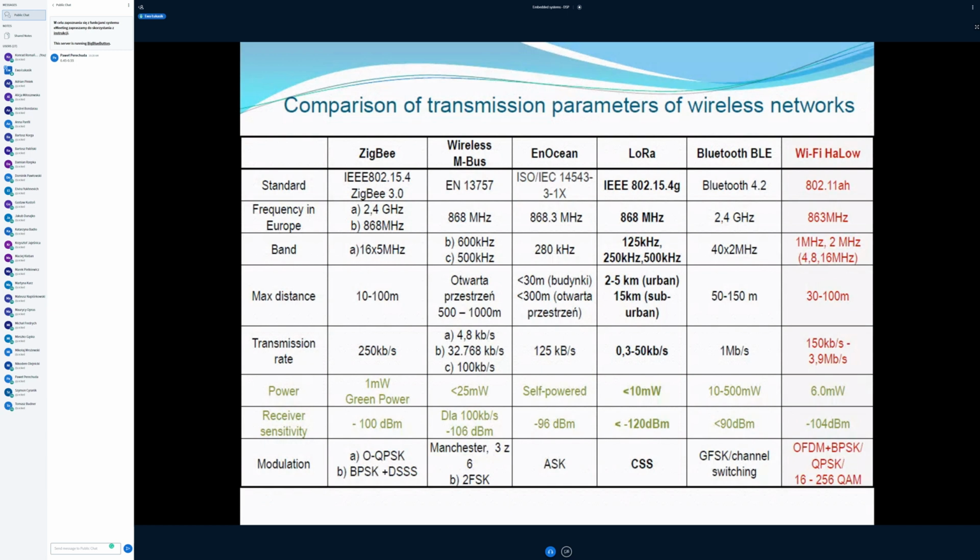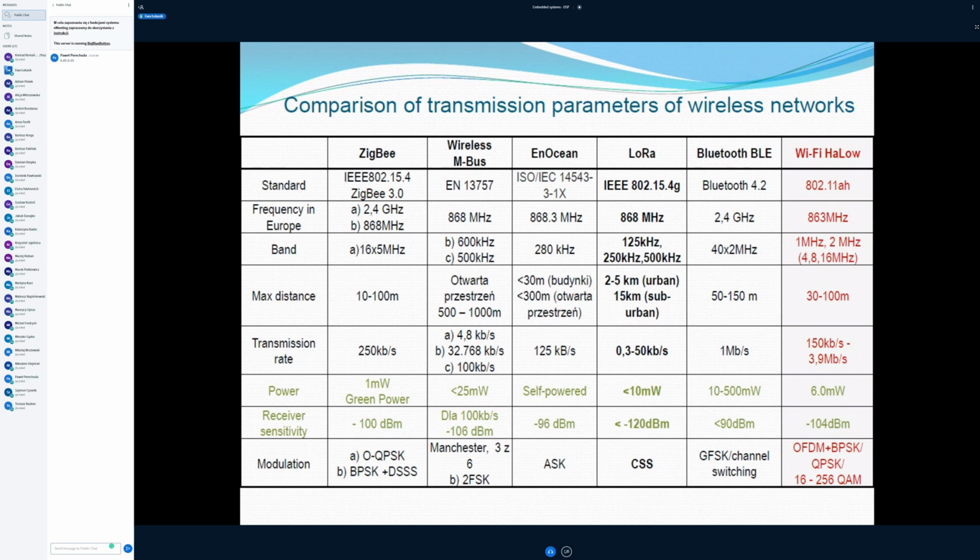Wireless M-Bus 4.8 kilobits per second. Well, it depends on the system. And EnOcean 125 kilobits per second. LoRa from 300 bits per second to 50 kilobits per second. Bluetooth 1 megabit per second. HaLow, 150 bits per second or higher.